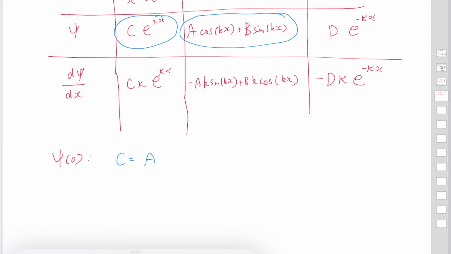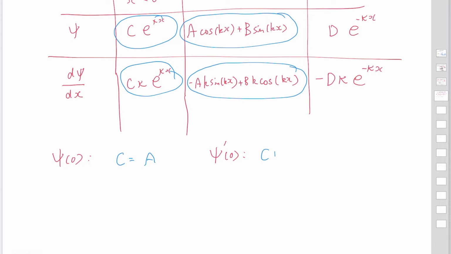Also, you can find the derivative at 0. In these situations, you can compare these two: c kappa equals b k.